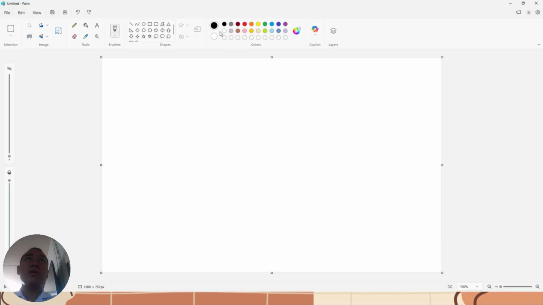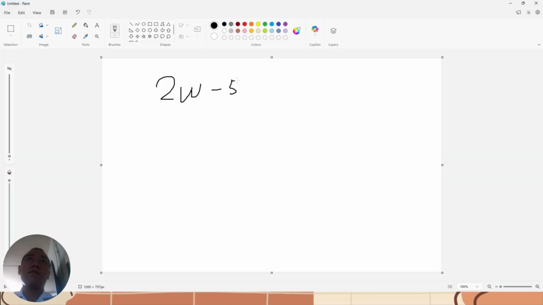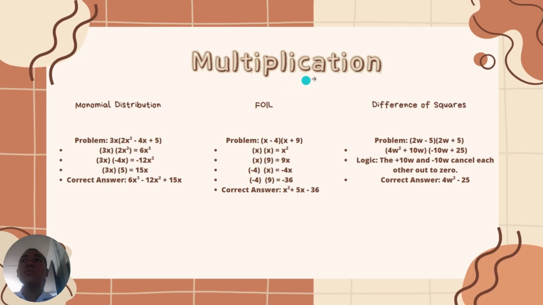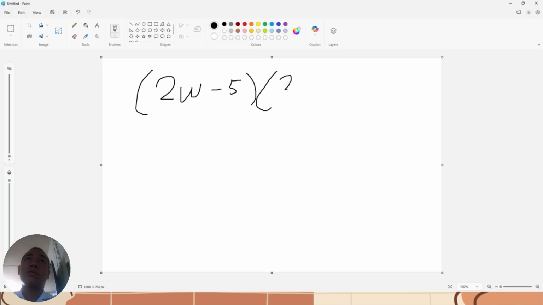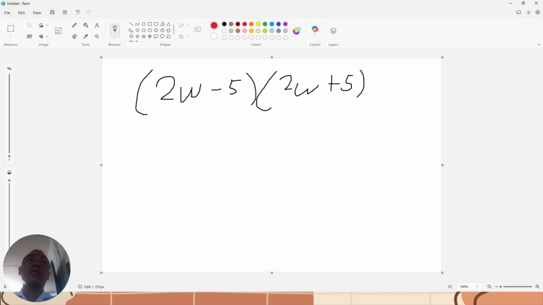Now our problem here is 2w minus 5 for our first term, then for our second term, 2w plus 5. Now, it's essentially the same as the FOIL method, where you distribute the first term to the second: first, inner, outer, last.